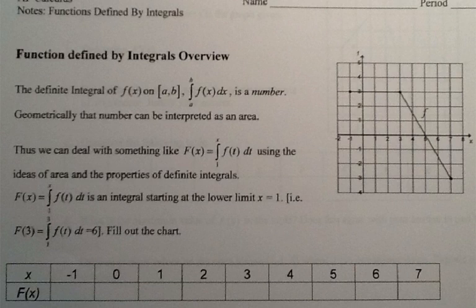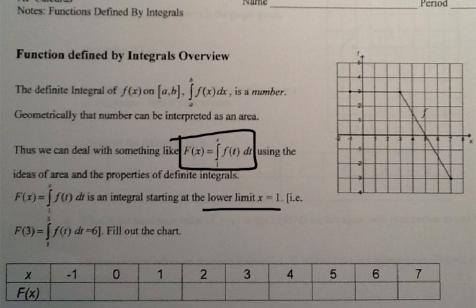Thus, we deal with something like F of x equals the integral from 1 to x of f of t dt, using the ideas of area and the properties of definite integrals. It says capital F of x equals the integral from 1 to x of f of t dt is an integral starting at the lower limit of x equals 1.